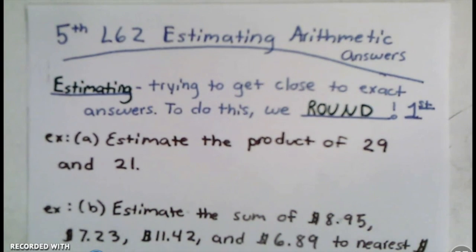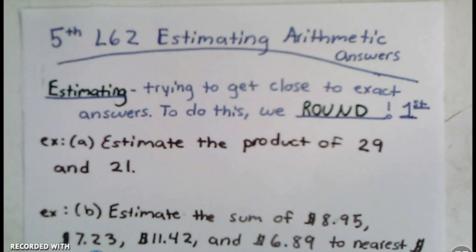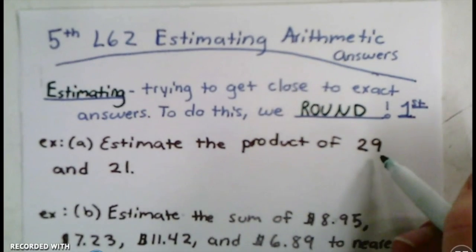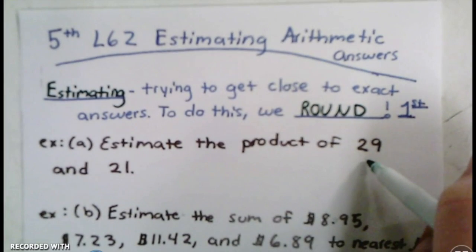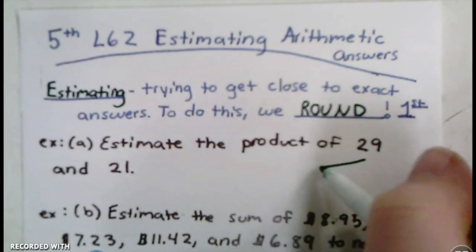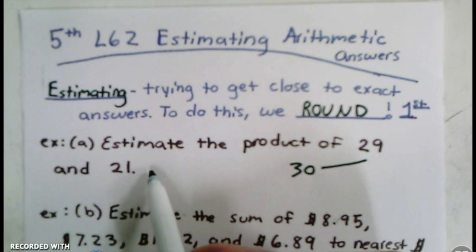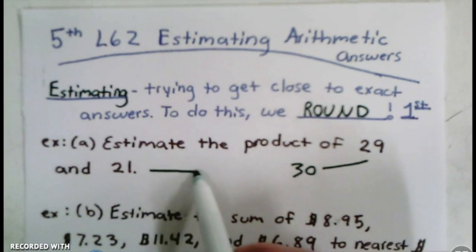So, example A, estimate the product of 29 and 21. So I want to pick whole numbers that are easy to work with. I'm going to round 29 up to 30. And I'm going to round 21 down to 20.